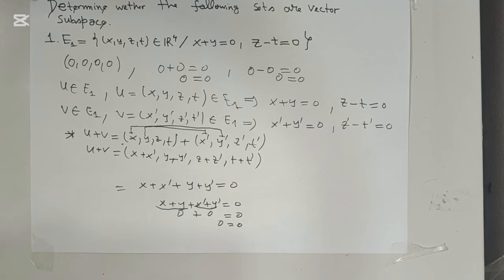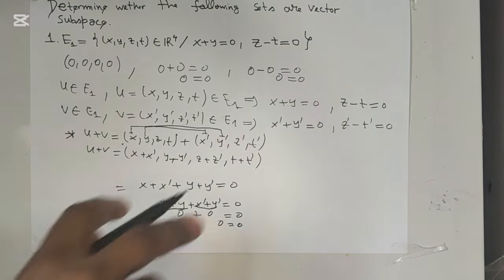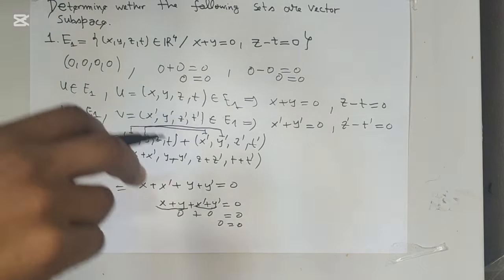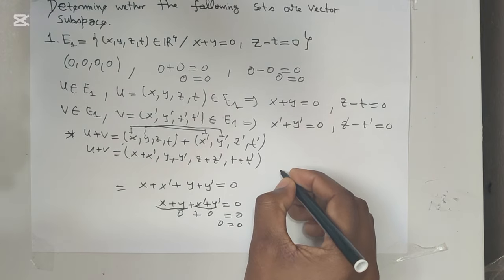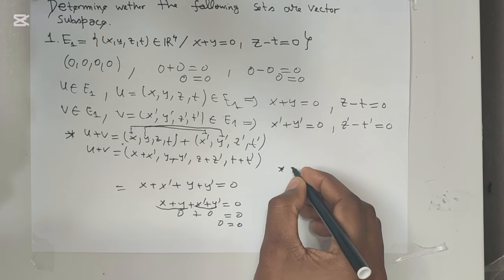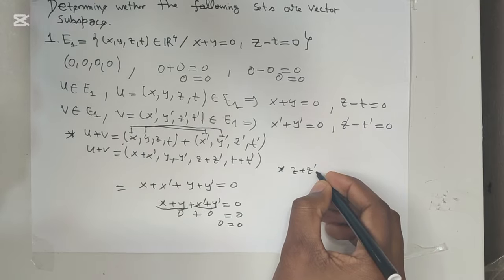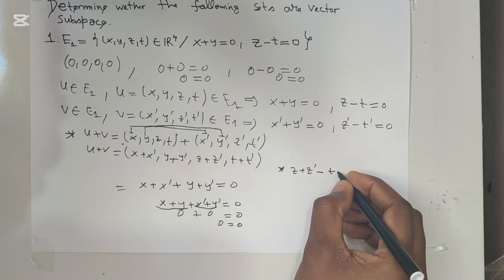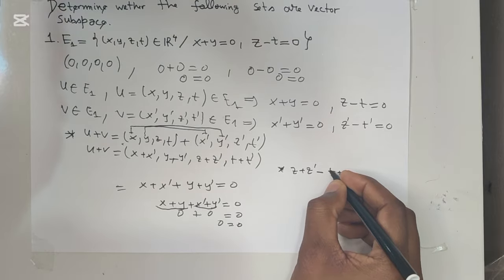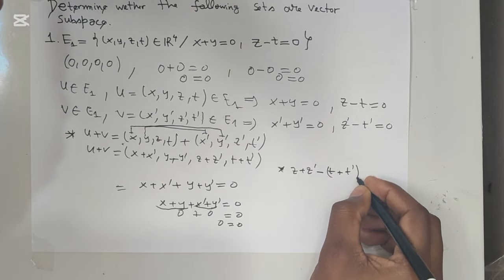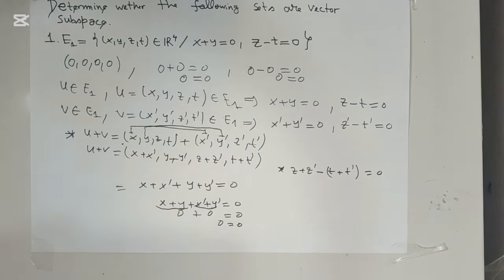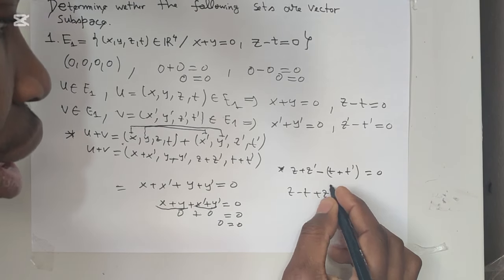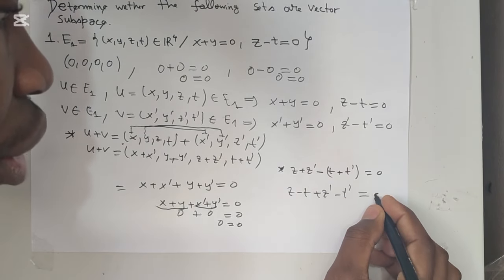What I have now is, for now, the subtraction of these two must also be in the set. So we're going to have z minus t plus z prime minus t prime, and it's going to be equal to 0. What I can do is z minus t plus z prime minus t prime equal to 0.